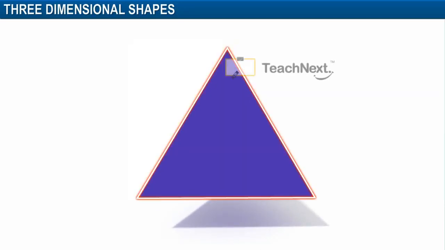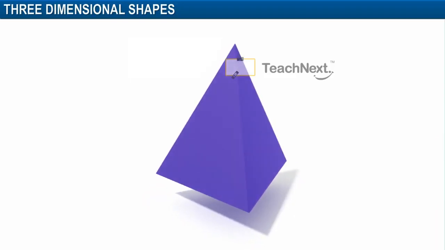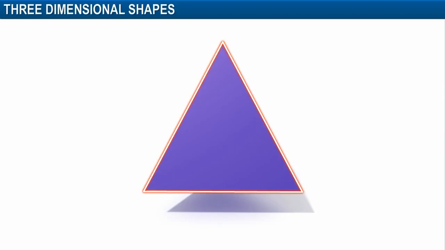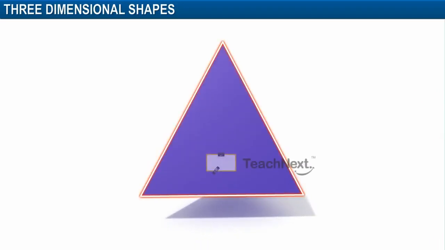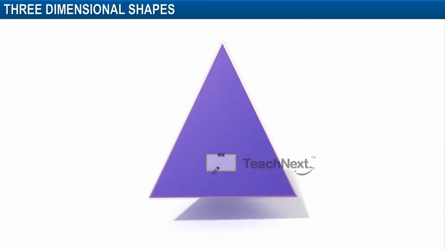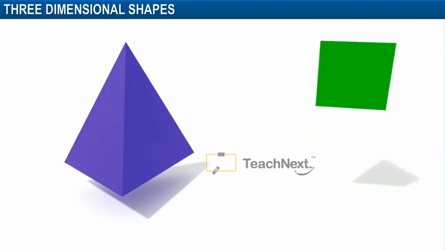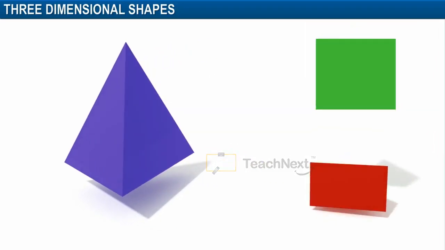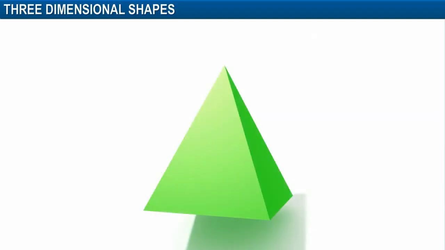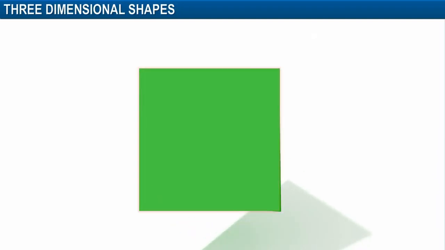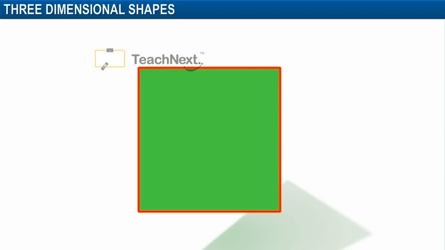The base can be of any polygonal shape. The other faces are triangular in shape. Each pyramid is named after the shape of its base. For example, a pyramid with a square base is called a square pyramid.